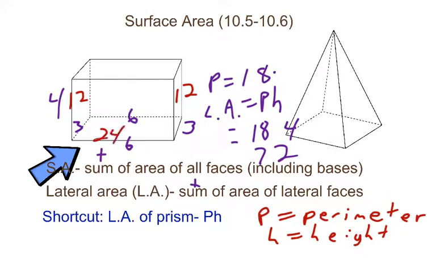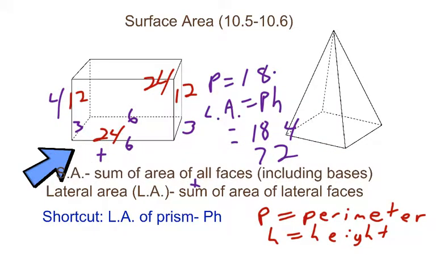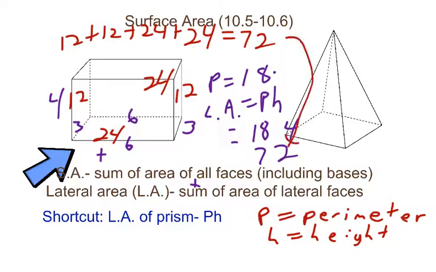And then the back one's the same way. So if we added up all 4 of those, 12 plus 12 plus 24 plus 24, we still get 72 for our lateral area. So that shortcut does work. So if you like it, use it.